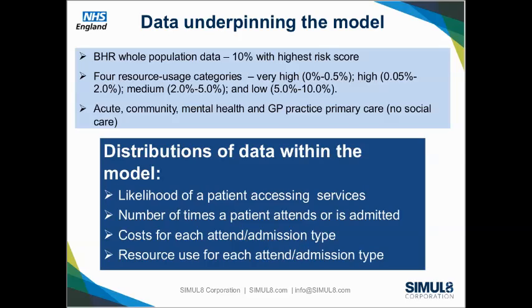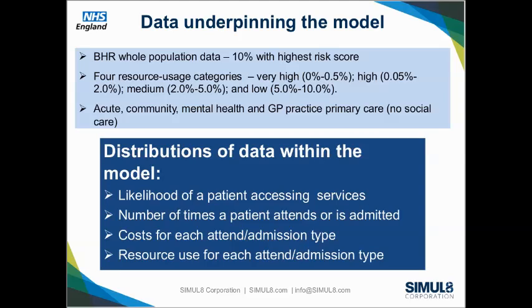10%. As I say, it's split across 4 resource usage categories. So that 10% is broken down further across very high to low risk categories and looks at various areas of service. It doesn't actually include social care data in there, but built within the model is the ability to add your own local data where this might be available.